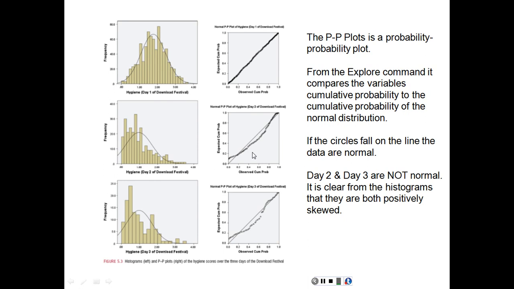So for instance, if you're looking at day 2 and day 3, these plots are not falling on the line. So day 2 and day 3 are not normal, but day 1 is.